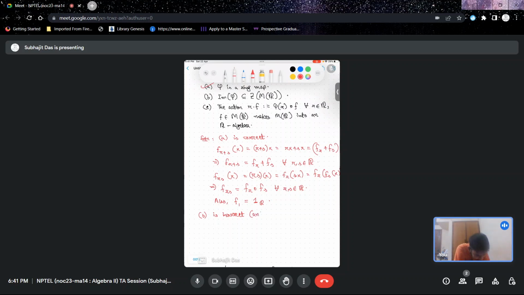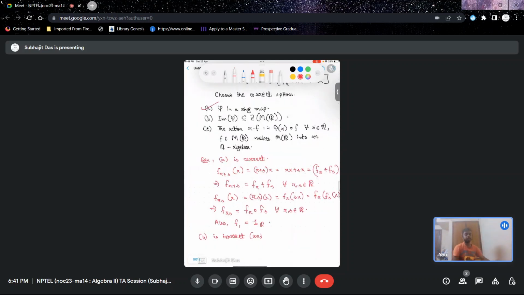And hence, since B is incorrect, C will also be incorrect, because you observe that they are saying that the action of the ring R on the ring End(R), given by r dot f defined as phi(r) composed with f, makes End(R) into an R algebra. First of all, End(R) is a ring, and R is your base ring, so it's an R algebra if and only if the following two conditions hold.